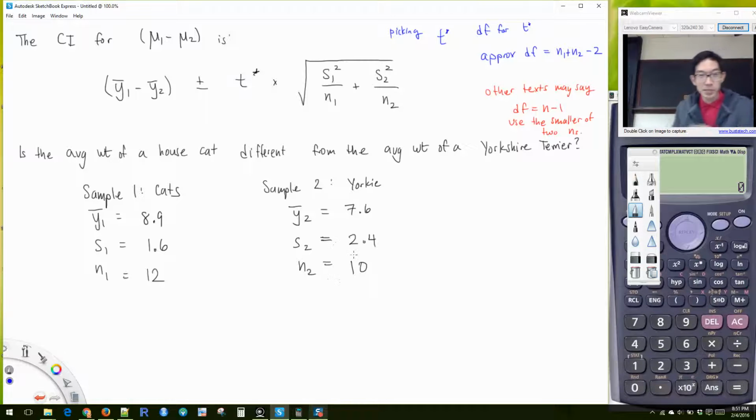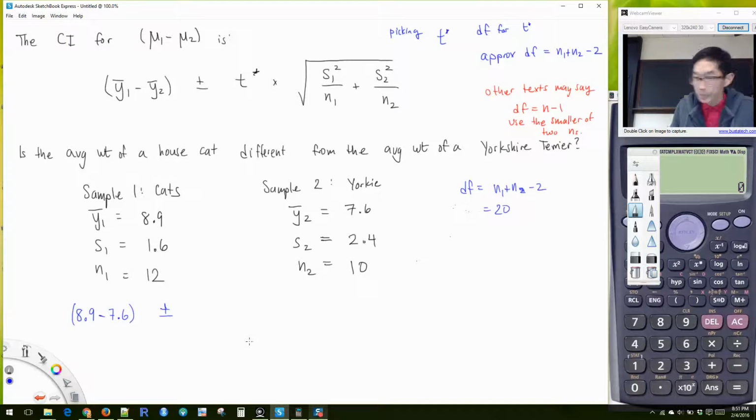Okay, so just plugging in the current observed difference, 8.9 minus 7.6. I'll talk about what happens if we had labeled our samples opposite. 8.9 minus 7.6 plus or minus T star. When I count my degrees of freedom, I've got n1 plus n2 minus 2, and I get 20 degrees of freedom.